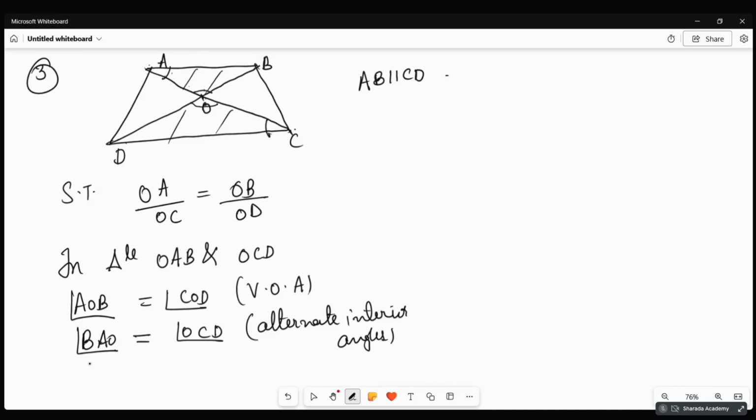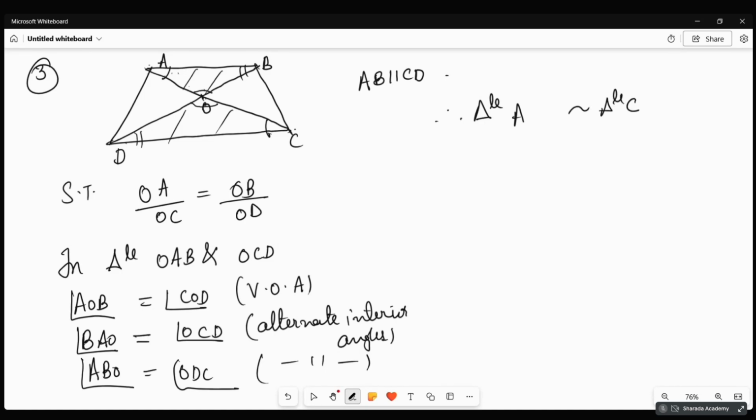Then ABO angle is equal to ODC angle, same way alternate interior angles are equal. So therefore, in the triangles, angle A is equal to angle C, O is equal to O, B is equal to D. So in the same order you should write.